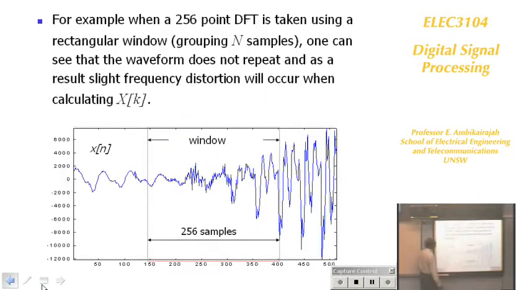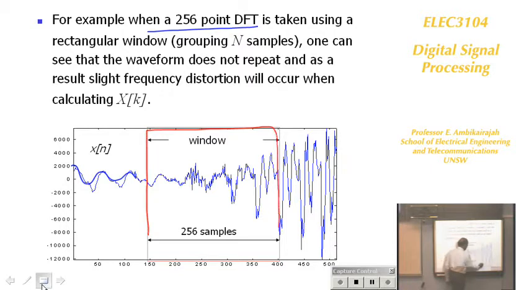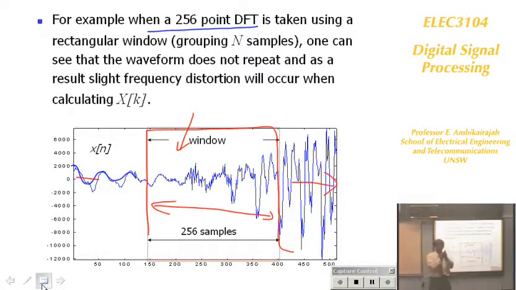Okay? So here is another example where a 256-point DFT is taken using a rectangular window. Here's a signal going like this, and you decide you only want to group that part of the signal. I want to look at the frequency content there, because naturally the frequency content is varying. You just take the 256 samples and take the FFT of that, and it tells you 256 frequency points, not more than that.